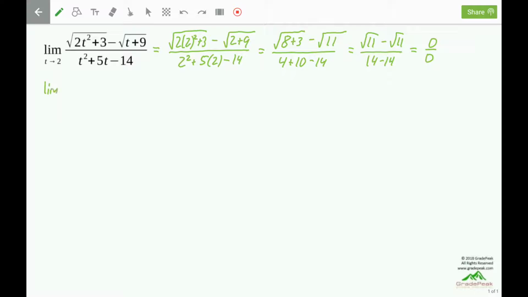So we're going to multiply the numerator and denominator by the root conjugate of that root combination. I'm going to rewrite the limit exactly as we were given.